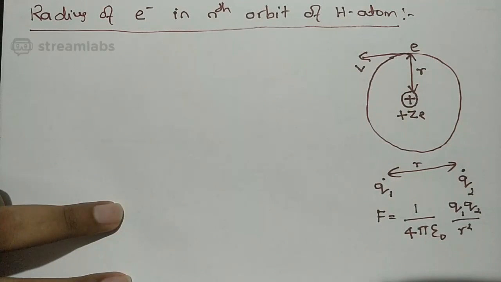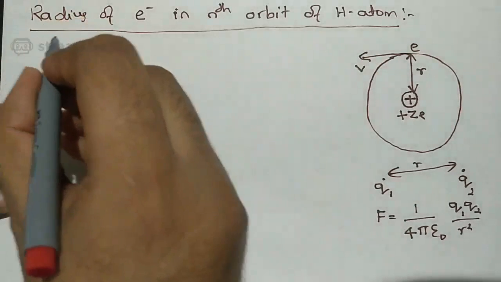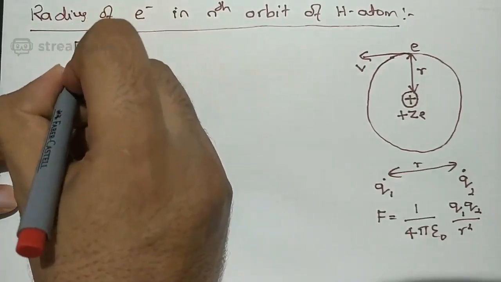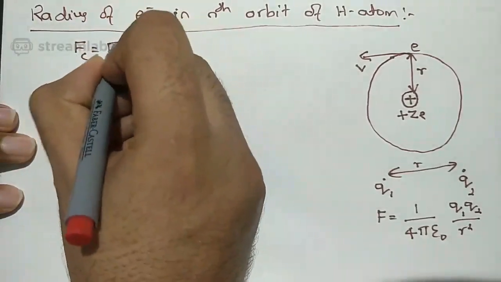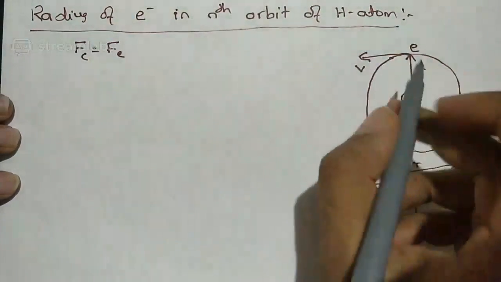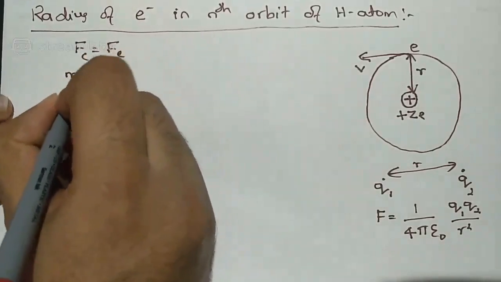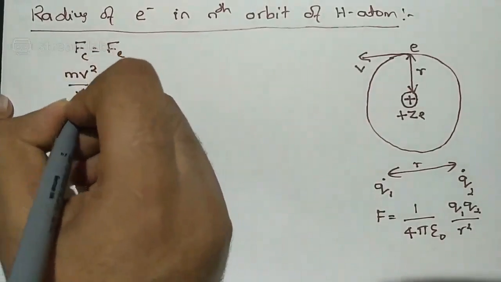So what do you expect the total energy to be? What must be the centripetal force Fc? It is equal to Fe, that is the electrostatic force of attraction between the electron and the nucleus. What is Fc? m v square by r, the general expression for centripetal force.